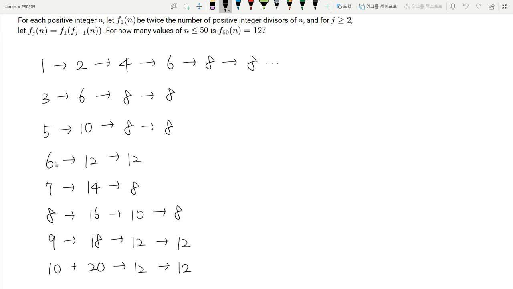And if a number has 6 factors, 6 times 2 is 12, and 12 also has 6 factors, so 6 times 2 is 12. So 12 doesn't change. So 12 is still 12 when the function is applied. So that's the case we want. So we need to find the numbers which have 6 factors from 1 to 50.